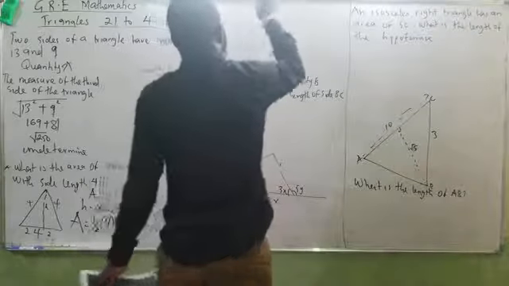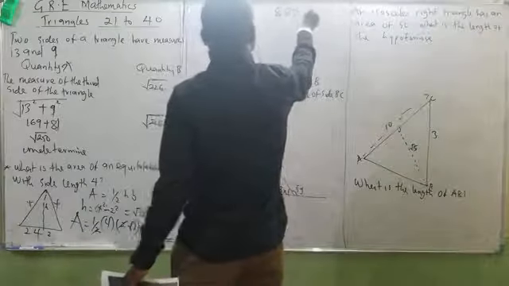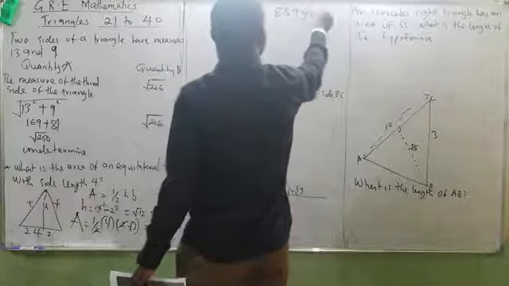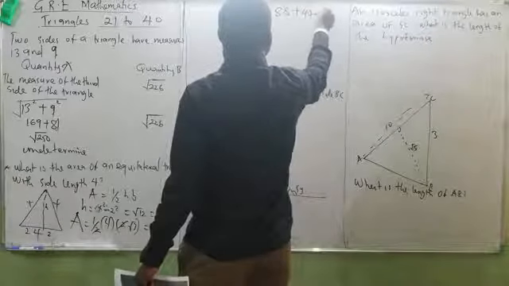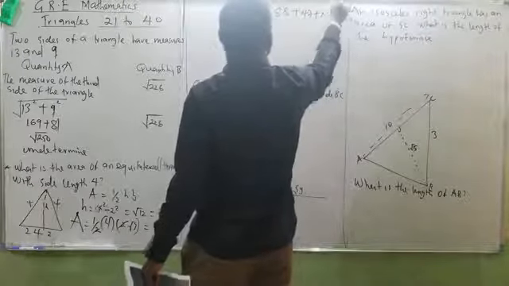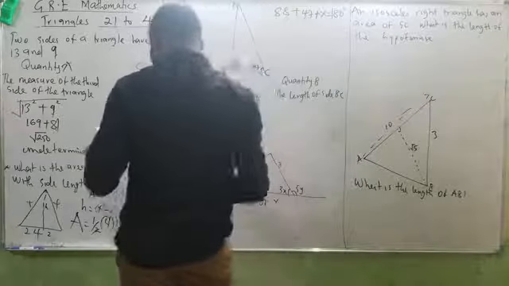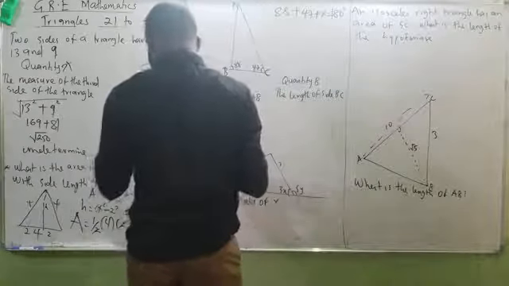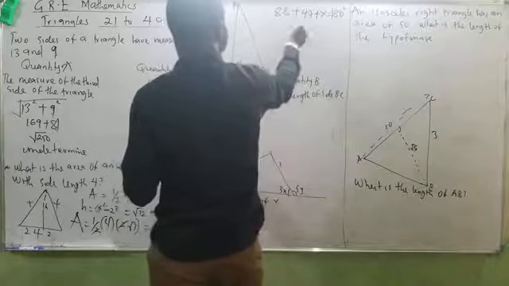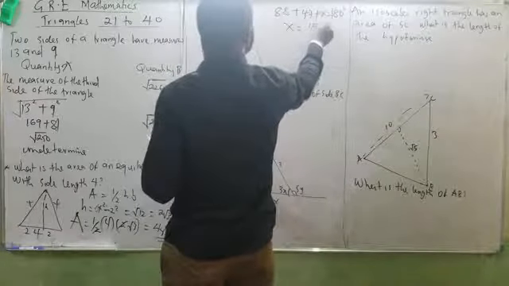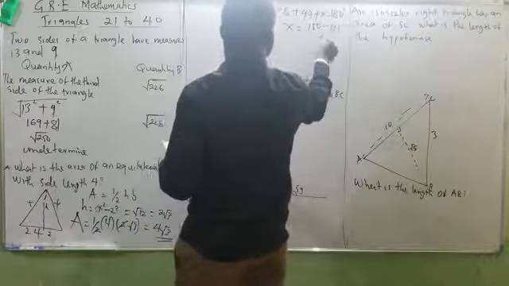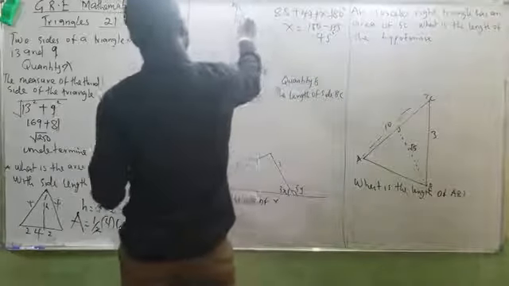Since 2 angles are given, the angles on a triangle sum to 180 degrees, so my angle will be 180 minus 135, which is 45 degrees. Now, here is 45 degrees.